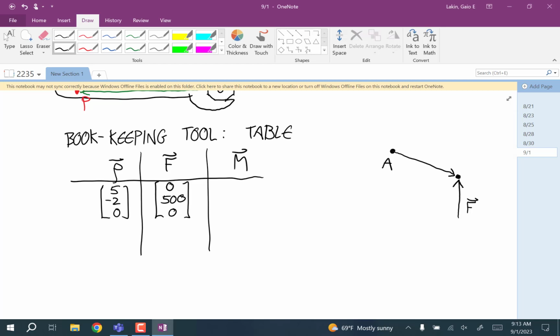The cross product, since this is in the xy plane, you can sort of forget about that 0. What you get for the moment is only going to be in the z direction, and you're going to get 5 times 500 minus negative 2 times 0. And so you're going to get 2,500 for the z component.